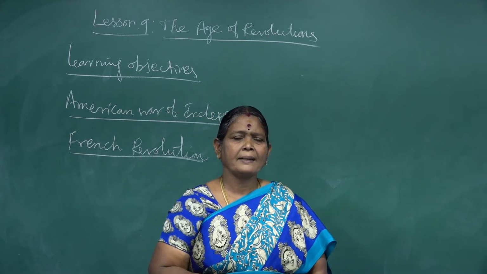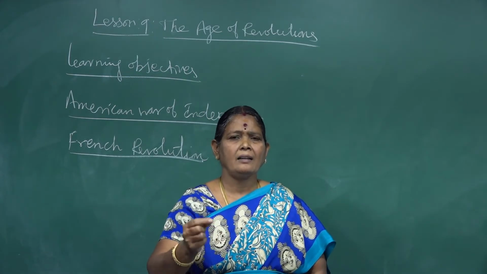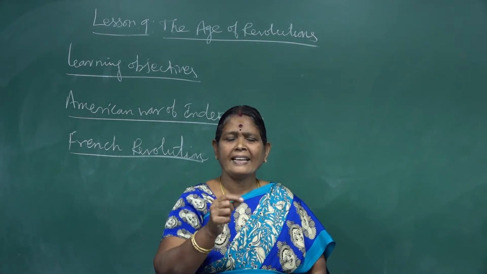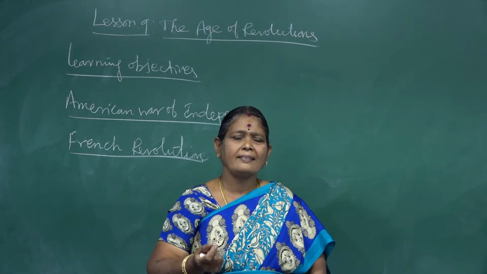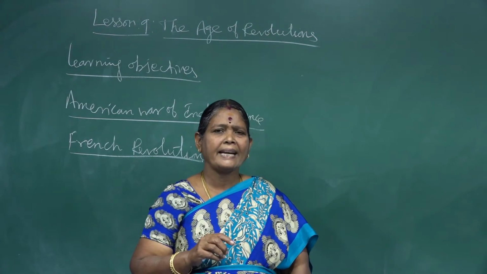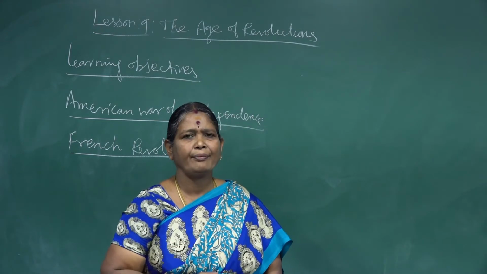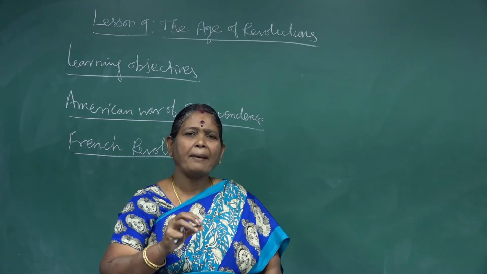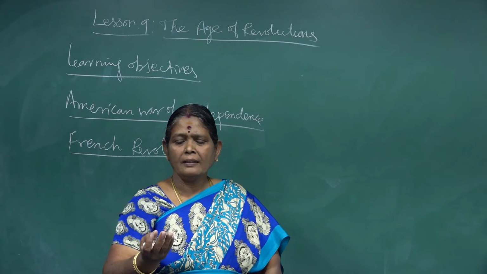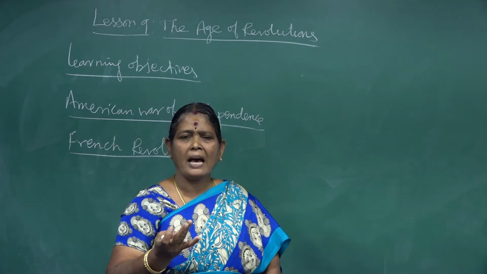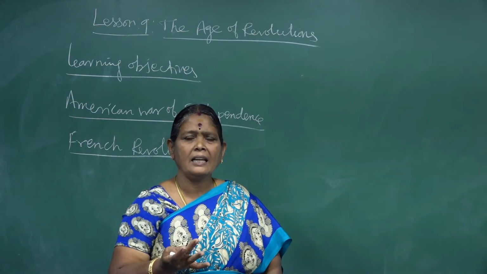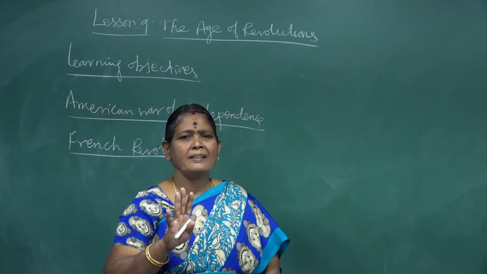Next incident, the Second Continental Congress. The Second Continental Congress was assembled on May 10, 1775. The major leaders were John Adams, Sam Adams, Henry Lee, and Thomas Jefferson.